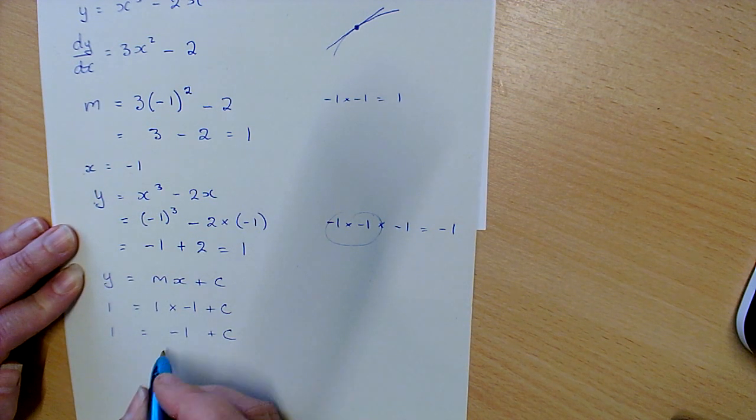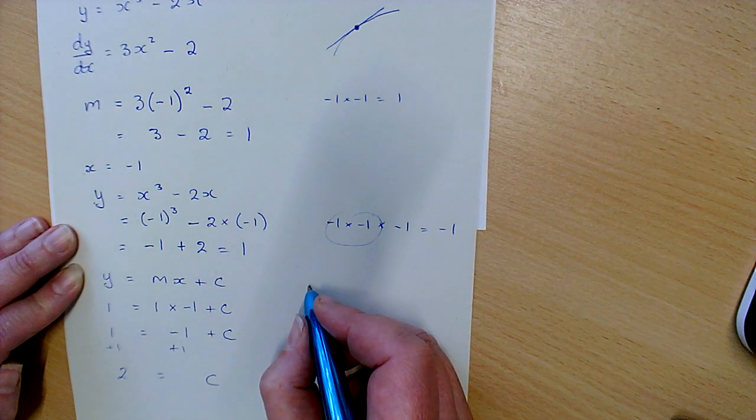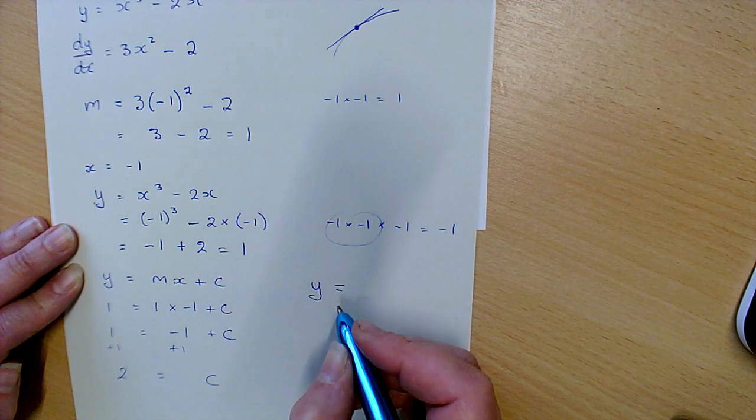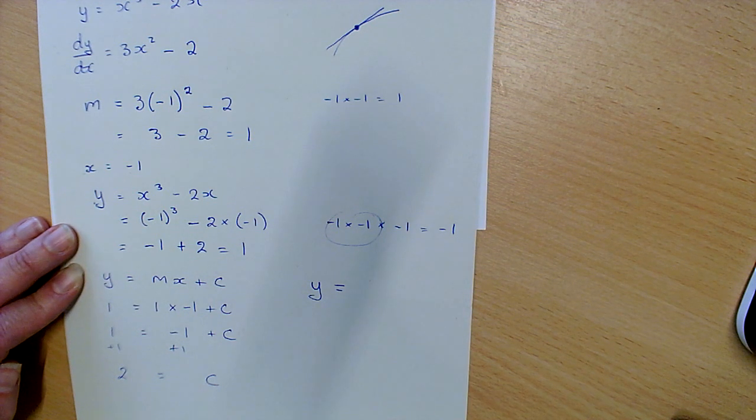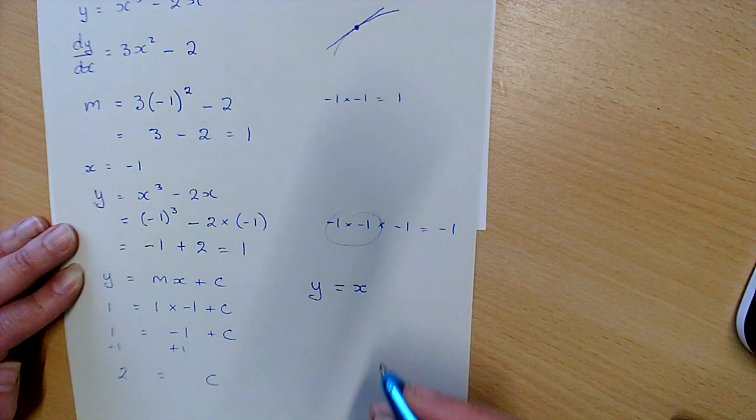So that means if you added 1 to each side, that's 2 equals c. So our final equation is y equals, and then we need to put the gradient in because it's 1, so it's 1 times x, which is just x, plus our c, which is 2. And that's the final equation.